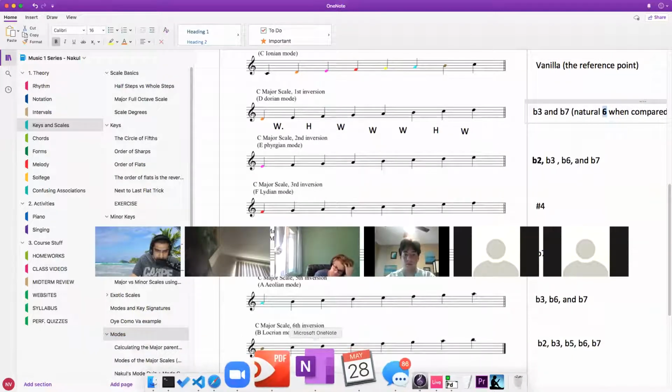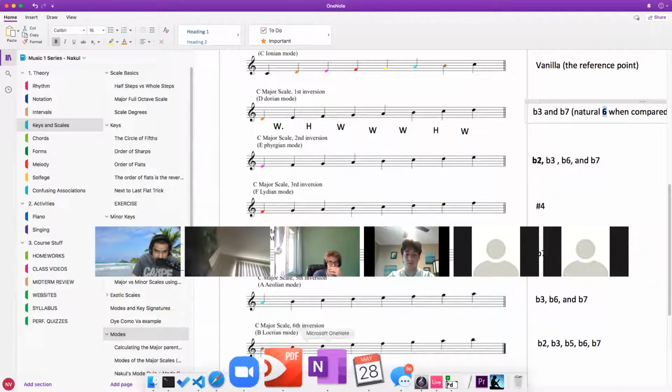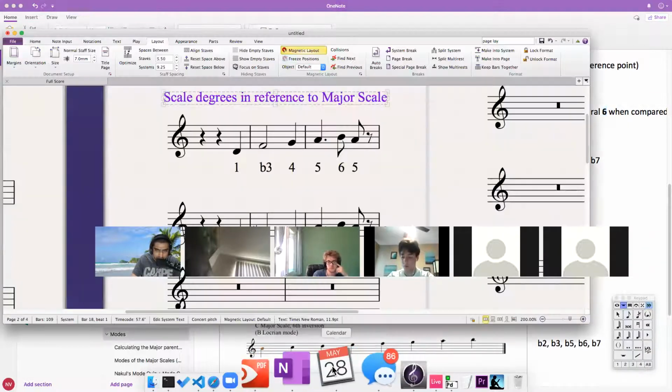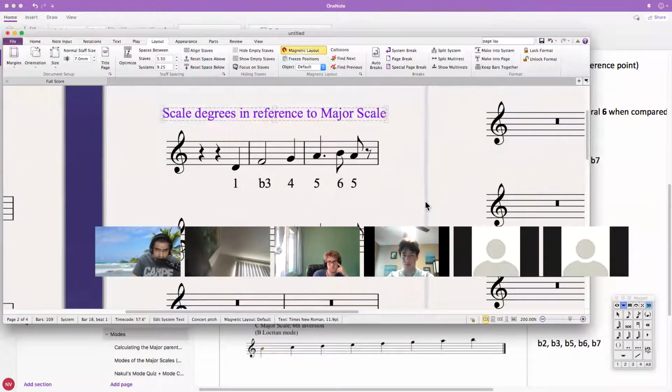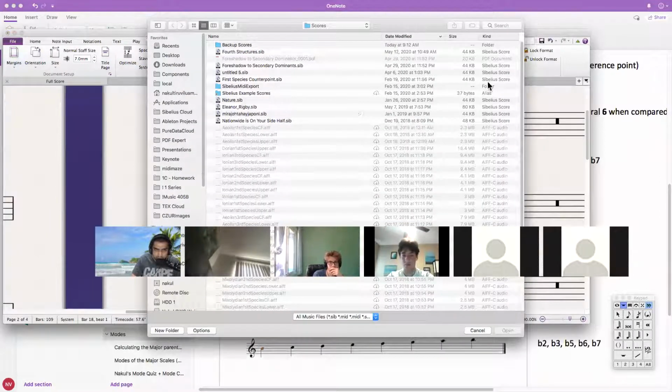I had to teach this in the context of another class, and I had a second write-up of this prepared. Let me actually open this up. I think I'm going to open something that will make it easier for you to understand this.